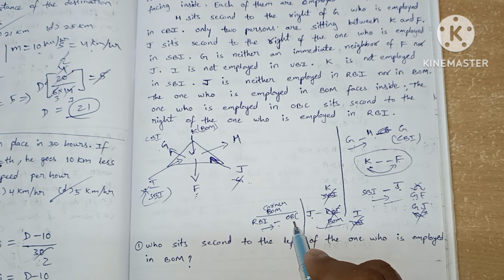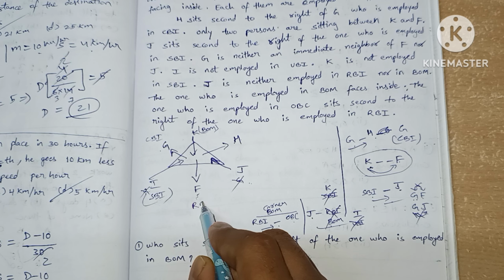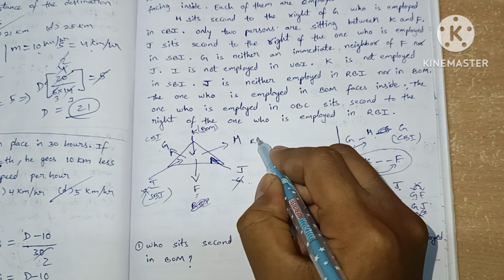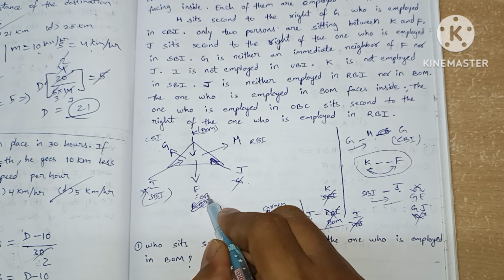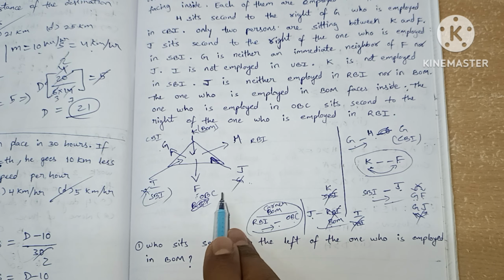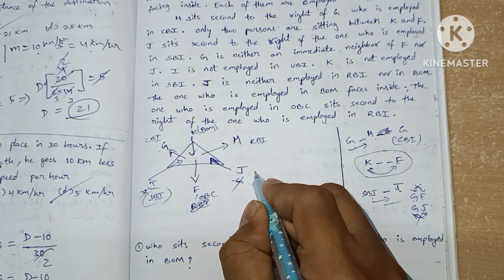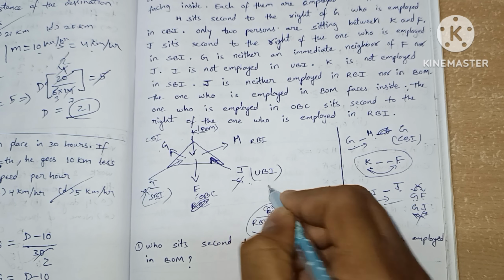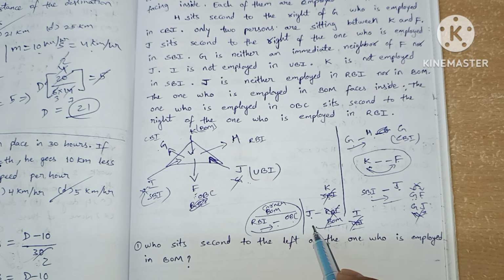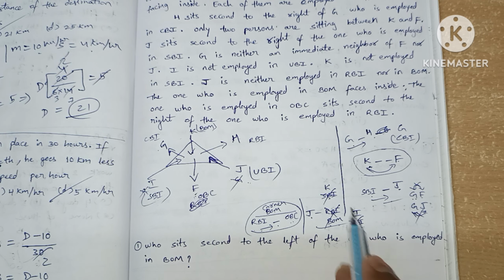The one second to the right of RBI is OBC, so this one is also completed. What are we left with? We are left with UBI, so J is UBI. K is not SBI. All are completed.